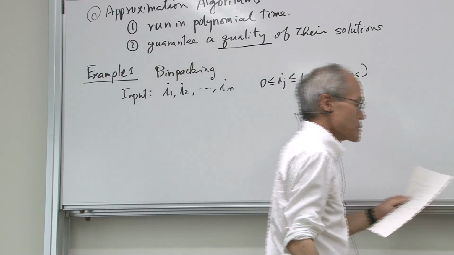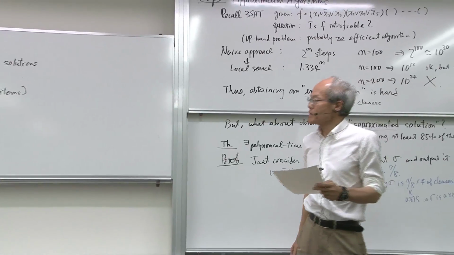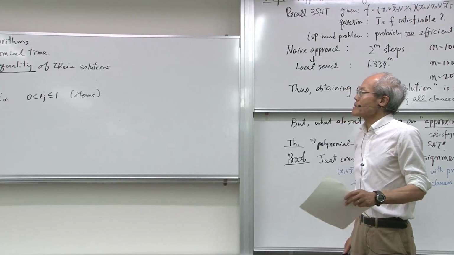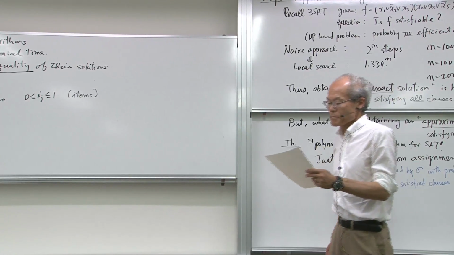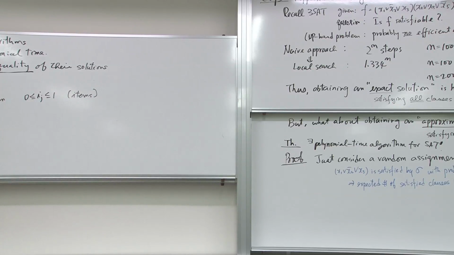We call them items. So our input is just a set of items. That's just a number between 0 and 1.